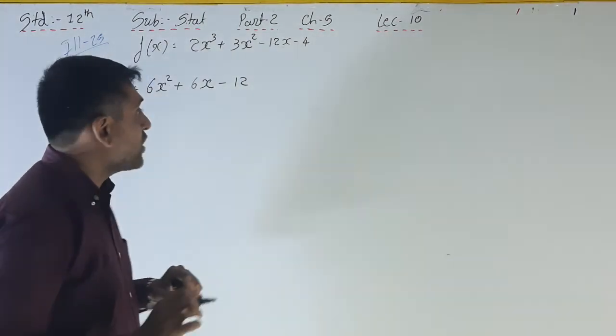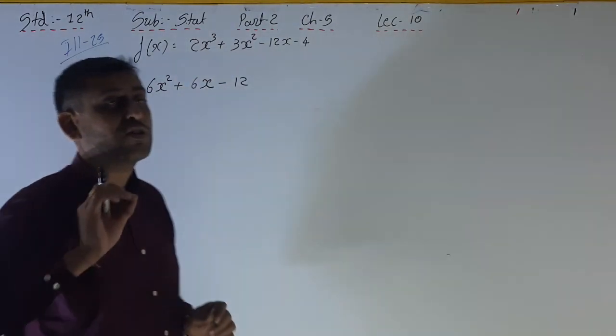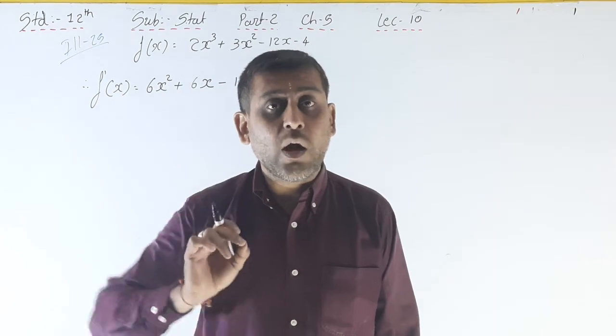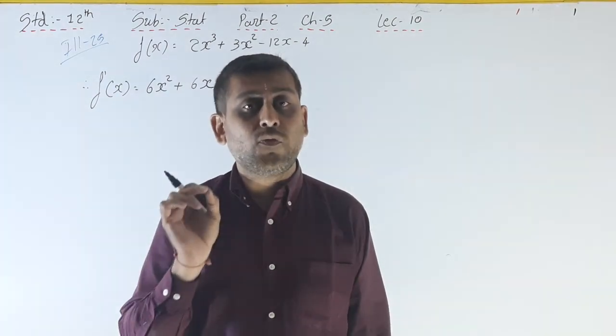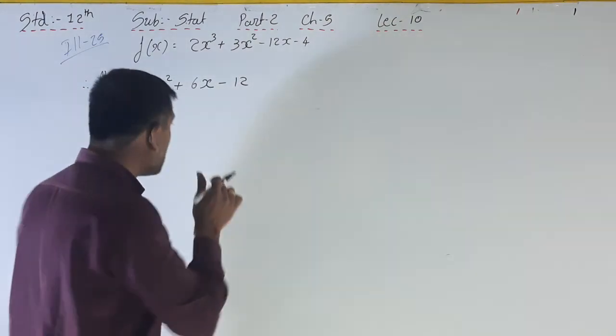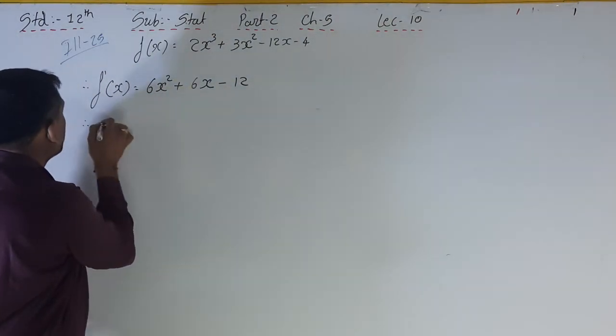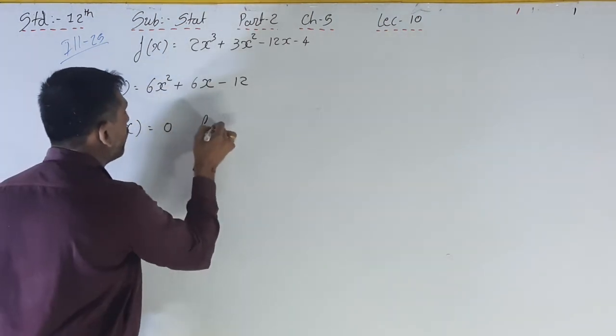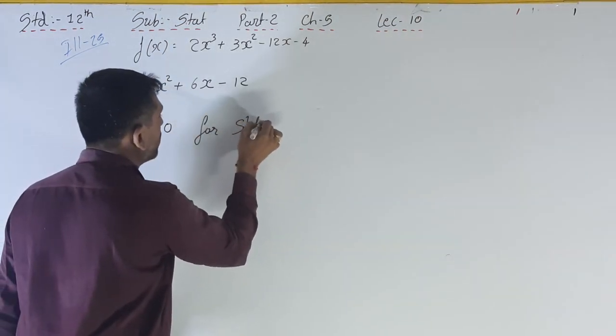For finding the stationary value, that is the value of x, we put the first differentiation equal to 0. So your second step: f dash x is equal to 0 for stationary value.